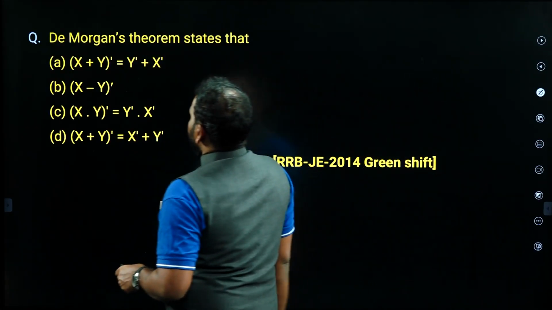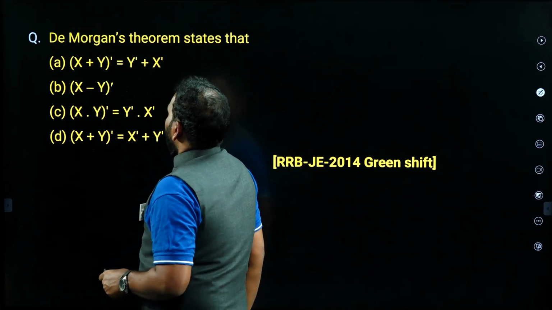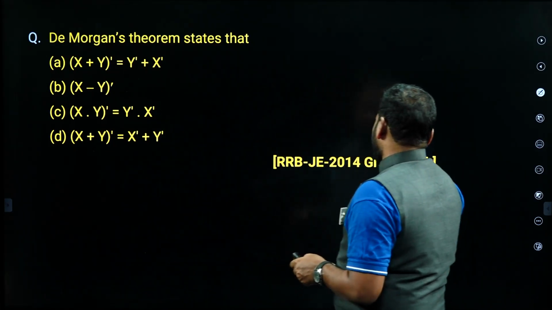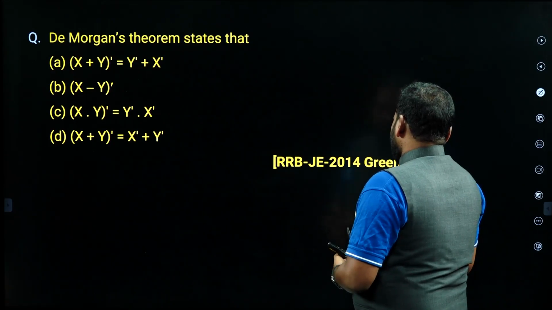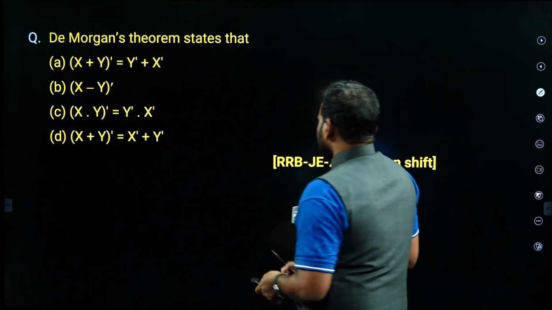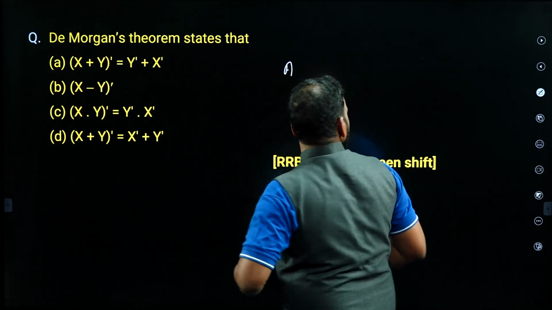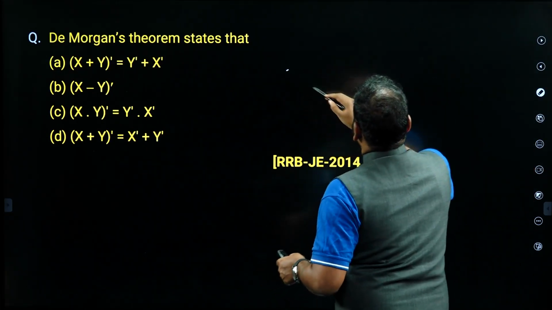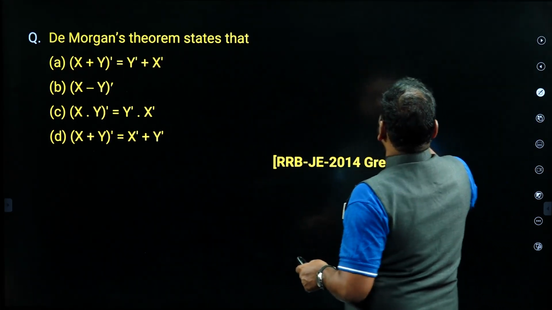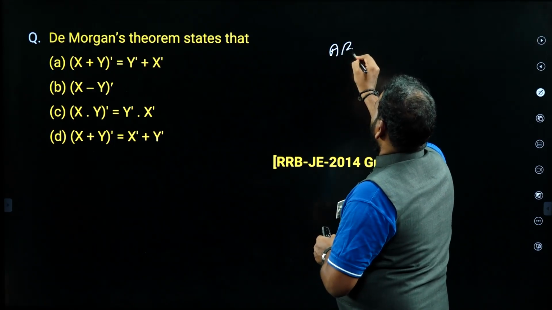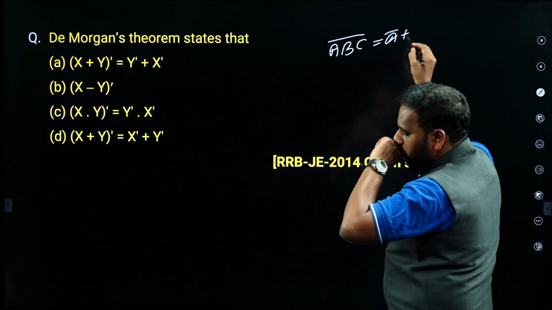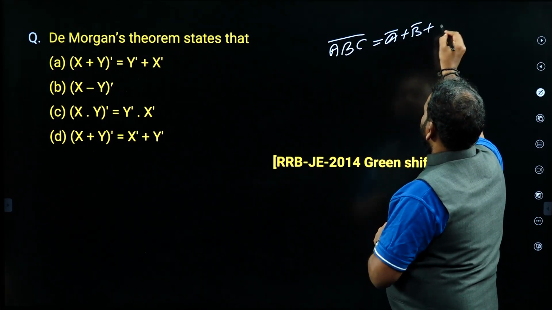So De Morgan's theorem states that, look at this, none of the above, if you observe it carefully. Let me write it here. According to De Morgan's theorem, for example, ABC whole bar, we can write it as A bar plus B bar plus C bar.